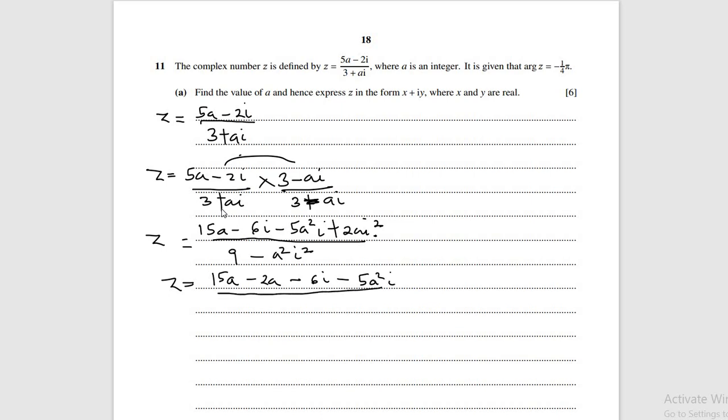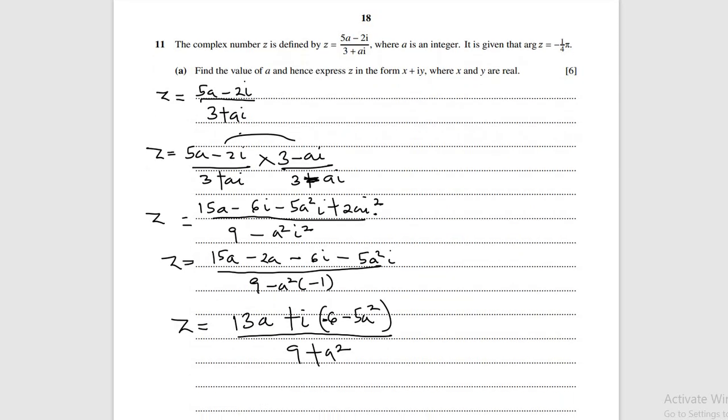all over 9 minus a squared i squared. i squared is minus 1. So z, 15a minus 2a, that's 13a. i is common. So the other is minus 6 minus 5a squared, over 9 plus a squared.